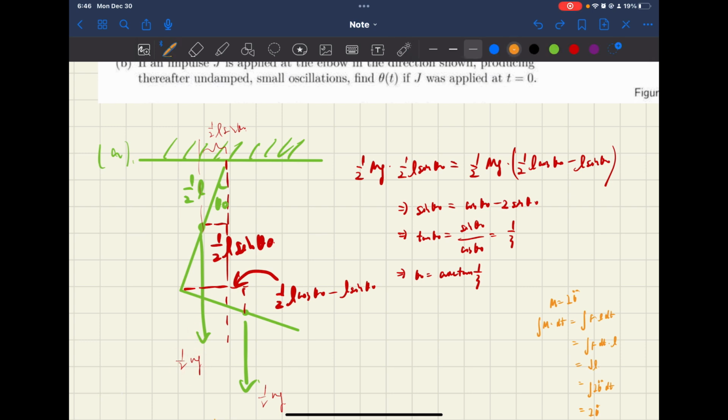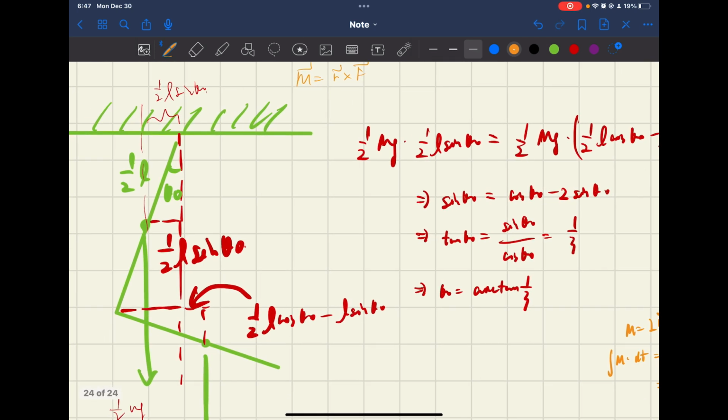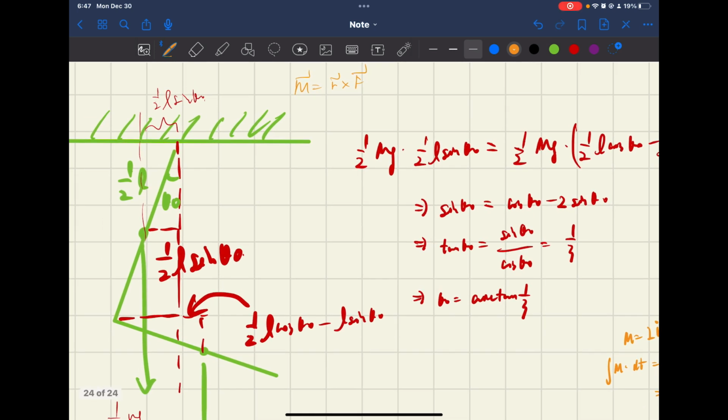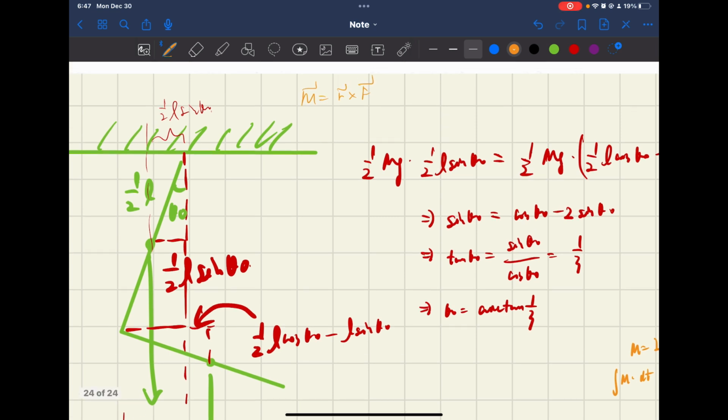So torque M equals F times R. Oh, it's in vector form, I put it in vector form. So actually it's R cross F here. But now we're not considering the vectors, because we obviously know that these two are in opposite directions, and that's why they cancel each other. So it can balance when at rest.